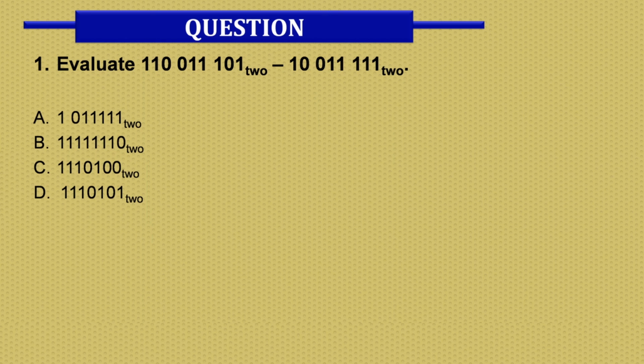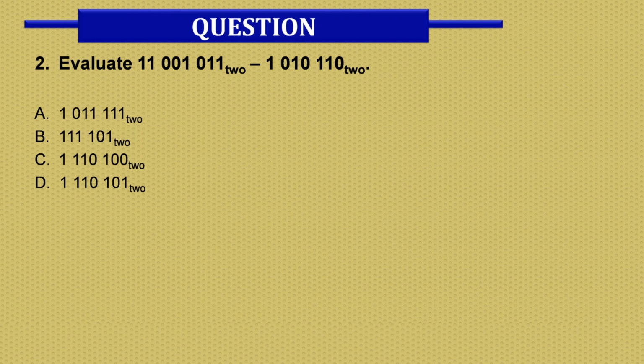The correct answer to this question is option B. Question 2 says, evaluate 1, 1, 0, 0, 1, 0, 1, 1 minus 1, 0, 1, 0, 1, 1, 0, all in base 2. The correct answer to this question is option D.